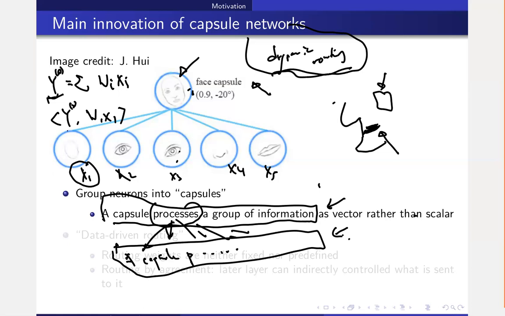If it matches well, then I will have a higher weight basically. But it's not exactly the same as the attention there. For attention, we'll simply do an inner product and then multiply by this WiXi, right? Here it is a little bit more sophisticated, like in the original capsule paper, as you will see later on. But this is the main idea basically.